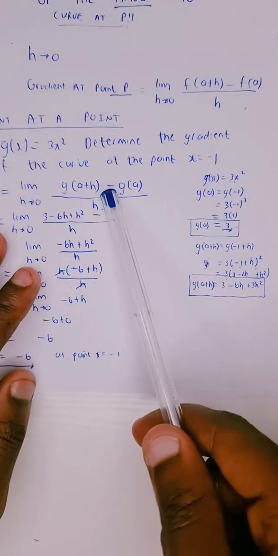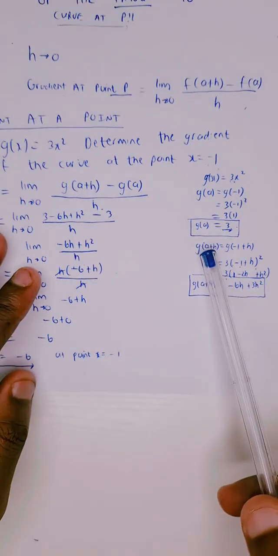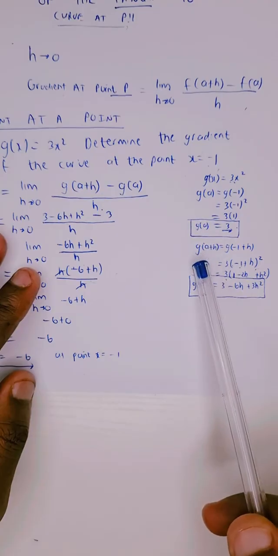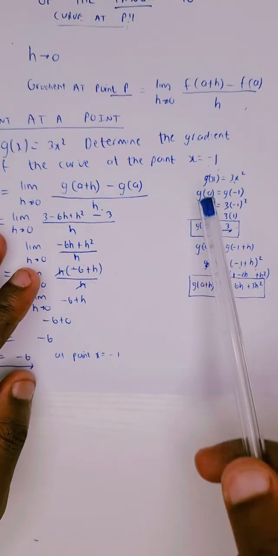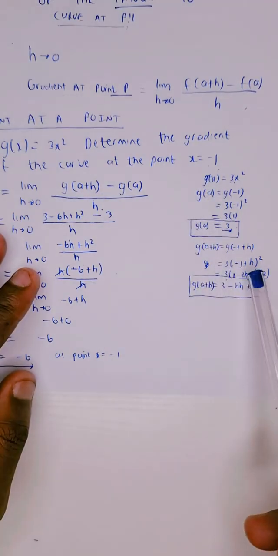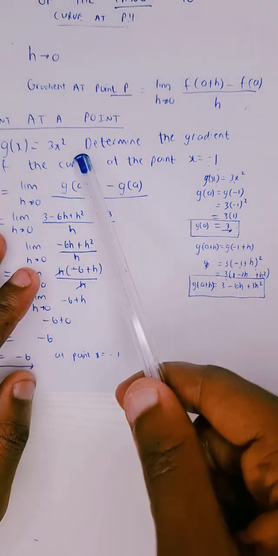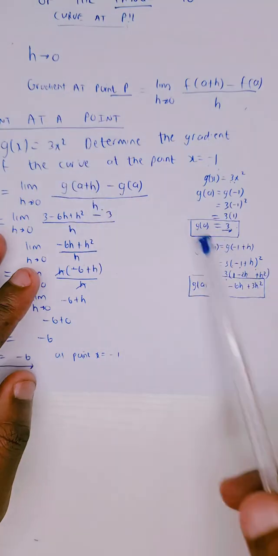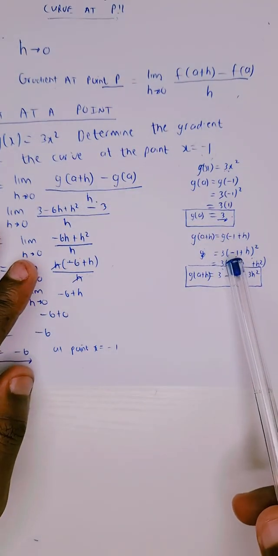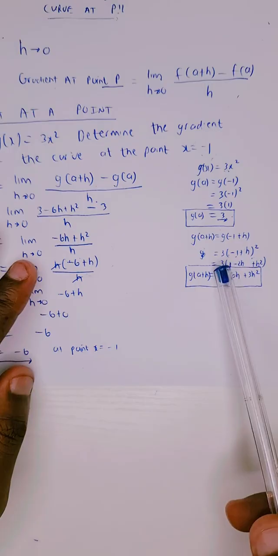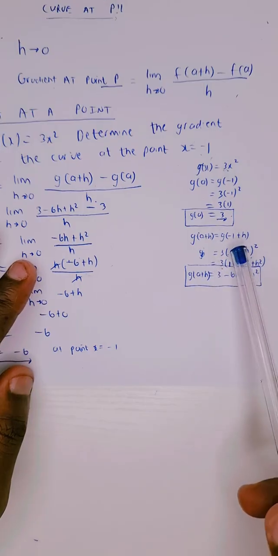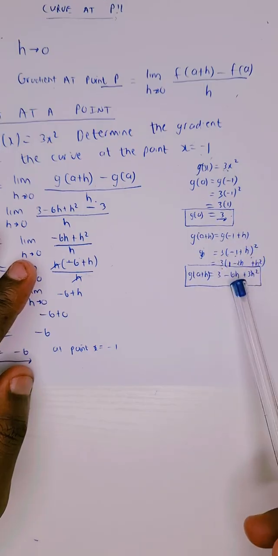Next, we calculated g of a plus h, where a means -1, of course, the x value. Then here we substitute the -1 plus h into this function. We got 3 into -1 plus h, the whole thing squared. Once again, BODMAS says we start with brackets followed by exponents.